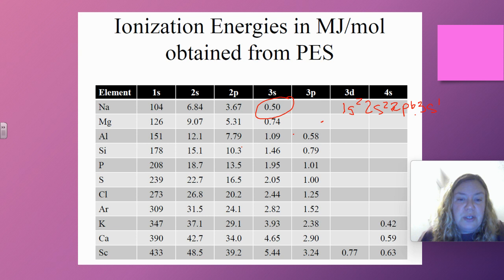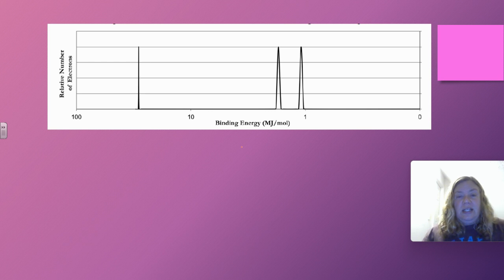I just want you to recognize the vast 433 megajoules per mole. That's very, very difficult to remove a 1s electron from scandium. I want you to understand that, and why too. That is why electrons are lost and gained through the valence electrons, because it's so much energy to lose from those core electrons.